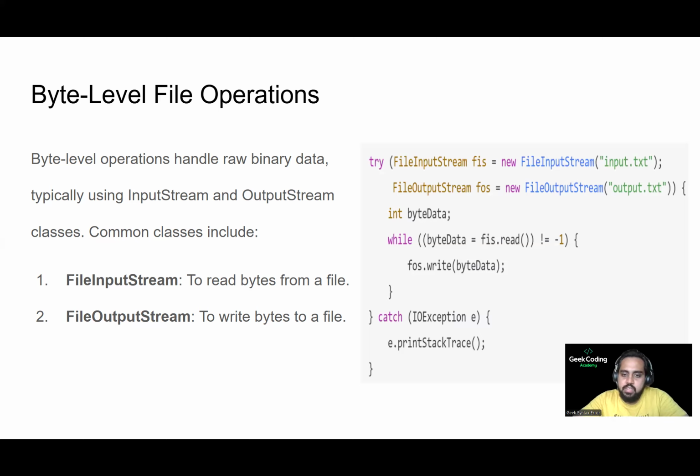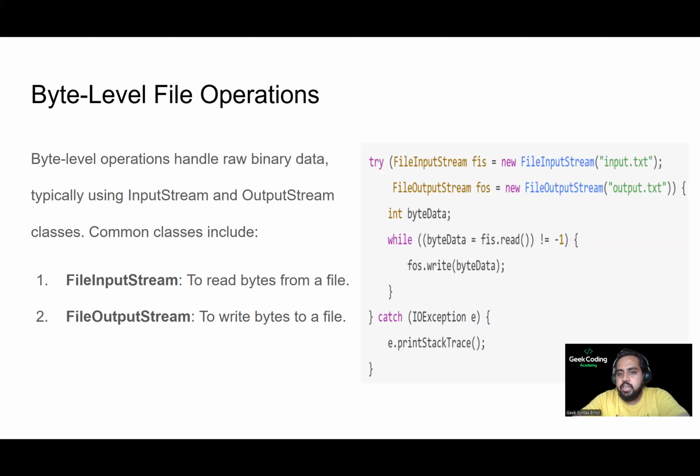So this is the condition I'm checking in the while loop, where byteData is my variable, and I'm passing the input data present inside my input.txt file using fis.read. Till the end, that's why I'm using not equal to -1.